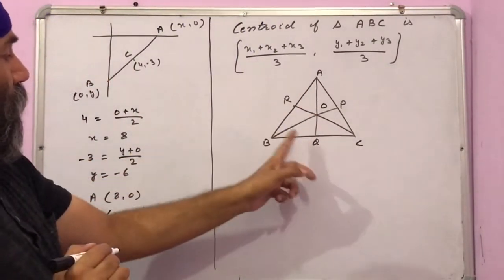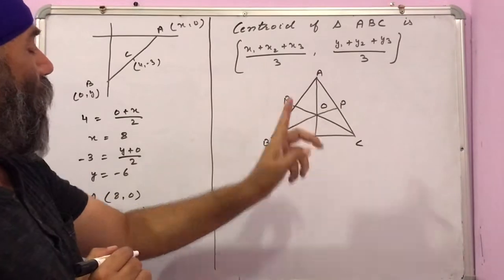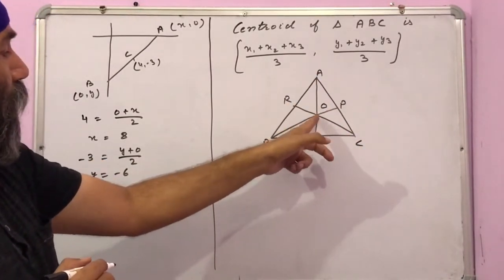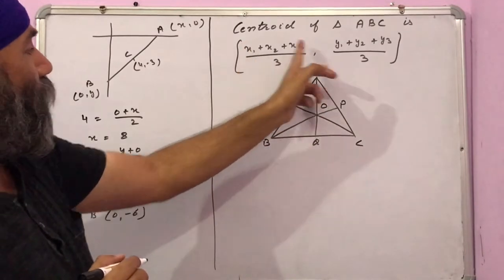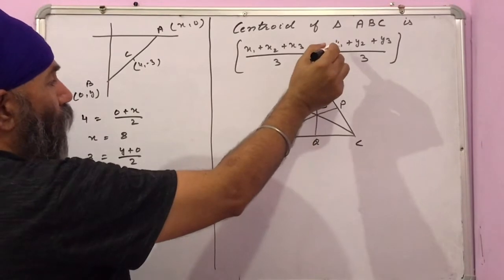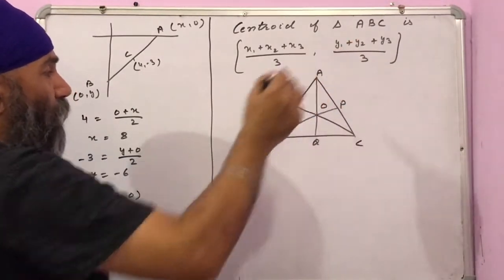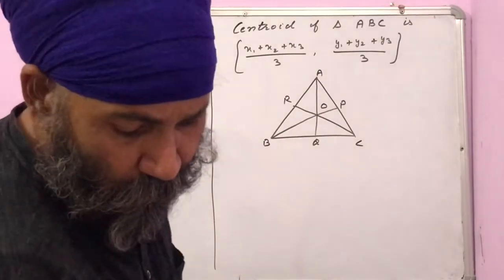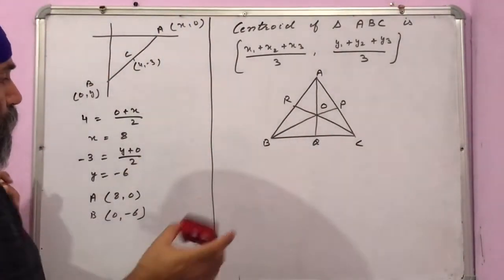Median means Q is midpoint, P is midpoint, R is midpoint. Where medians meet, the point is called centroid. To find centroid, I use this formula: (x1 plus x2 plus x3) by 3, (y1 plus y2 plus y3) by 3. One question was there in 13B. So same formula you will apply.